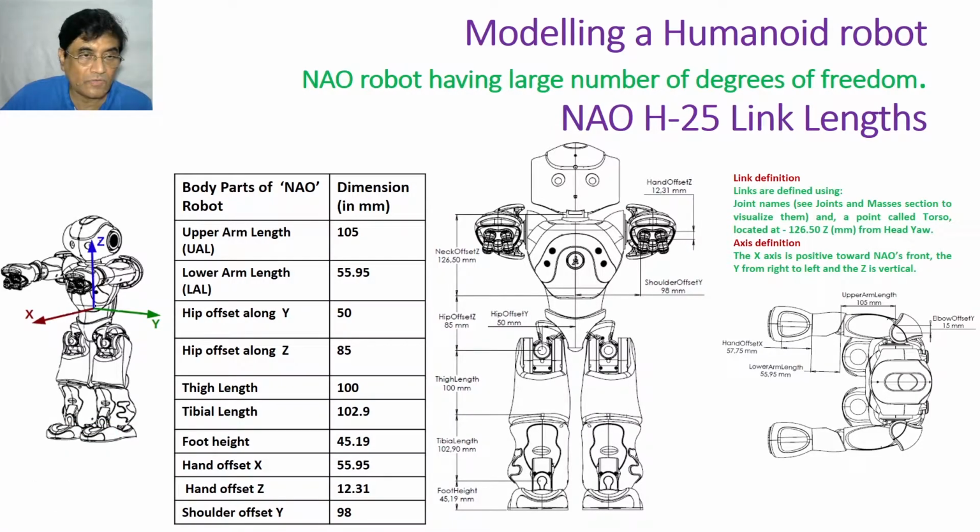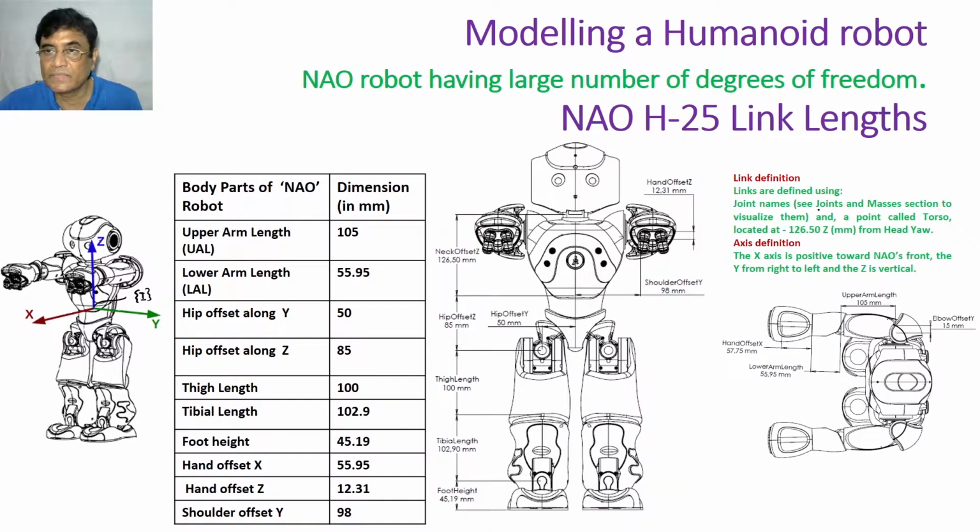The z-axis direction is this, and the x-axis is directed towards the front of the NAO robot. The z-axis is vertical and the y-axis is from right to left in this direction. So, links definition.